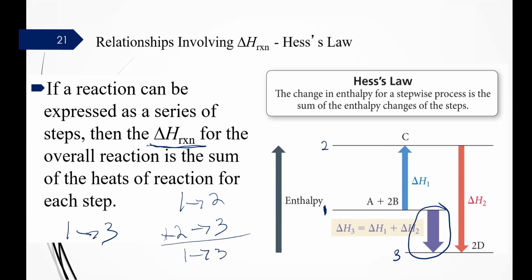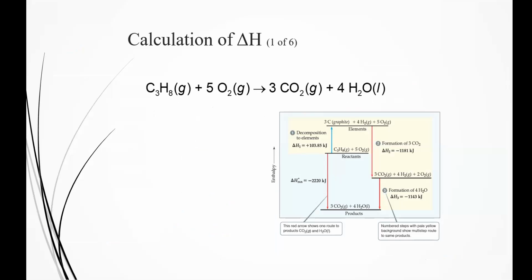That's what Hess's law is describing: if we can break a reaction down into smaller steps, the enthalpy changes for all of those small steps will be equal to the overall enthalpy change of that reaction. We can do this on a bigger scale, and that's what's going on here, looking to calculate the delta H for this process.